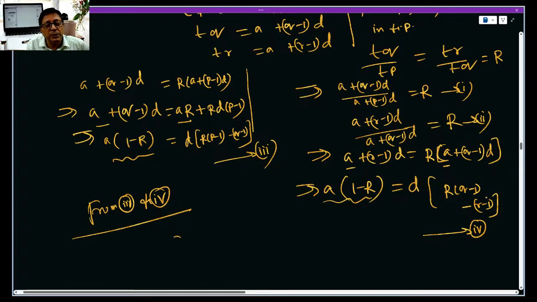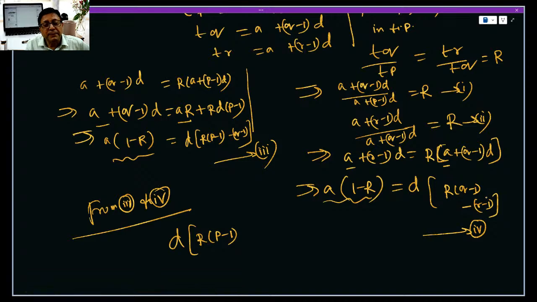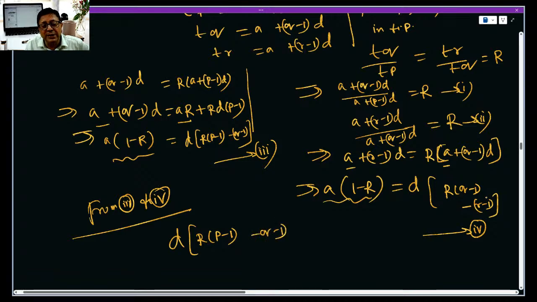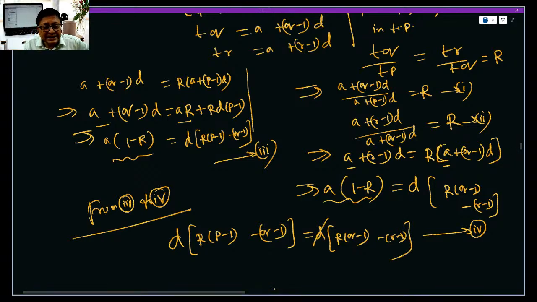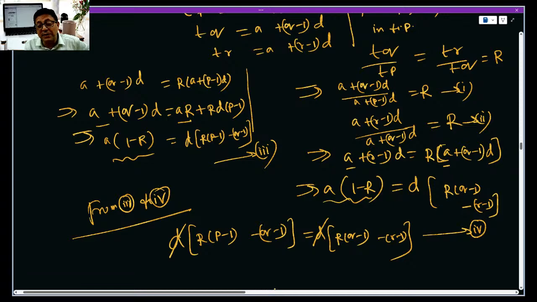From 3 and 4, D into P minus 1 minus Q minus 1 equals D into RQ minus 1 minus R minus 1. The D's get cancelled. Your problem is to get the value of R. So open the bracket and take the R on the same side.